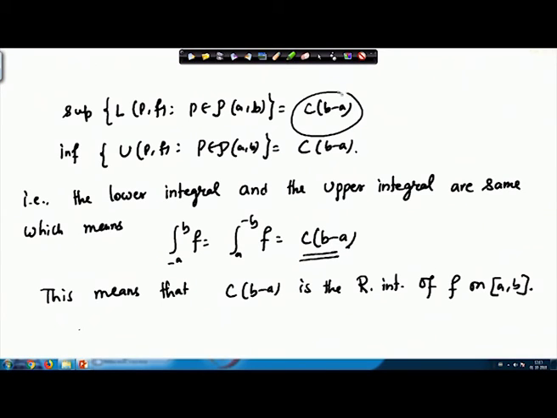Since the lower integral and the upper integral are same, this common value is basically the Riemann integral of this function f on this closed interval a b.